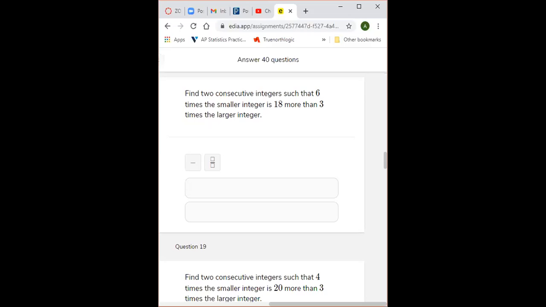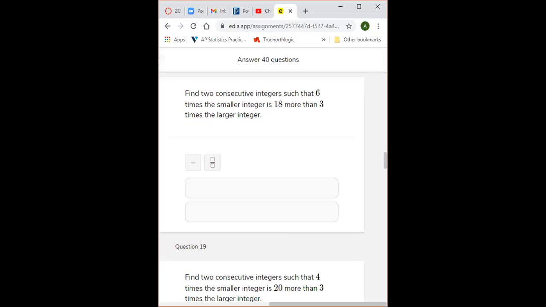We've done variables on both sides. Remember, anytime we have parentheses, we're going to distribute. So we get 6x equals 18 plus 3 times x is 3x. 3 times 1 is 3. Add your like terms. 6x is fine. 18, 19, 20, 21 plus 3x.